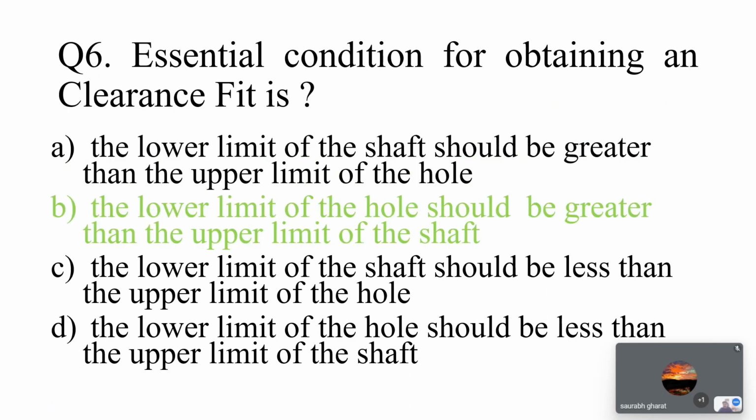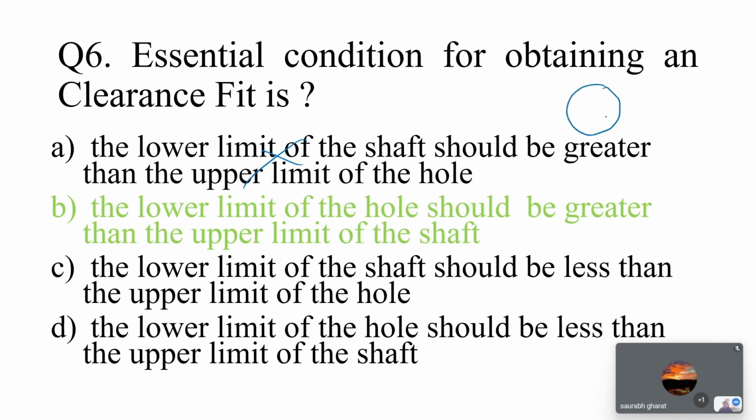Now the essential condition for obtaining a clearance fit. Exactly the opposite case will be there. The lower limit of the hole should be greater than the upper limit of the shaft. The lower limit of the shaft is wrong, because that is for the previous part. Right now, the lower limit of the hole should be greater than the upper limit of the shaft. How?